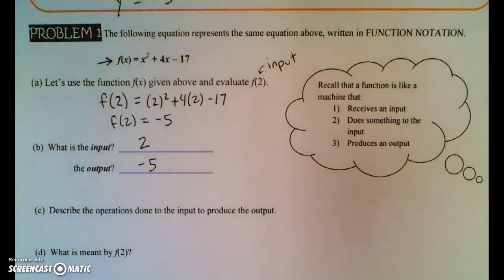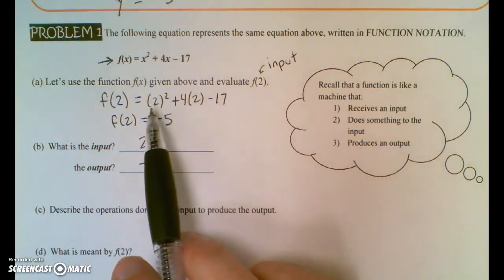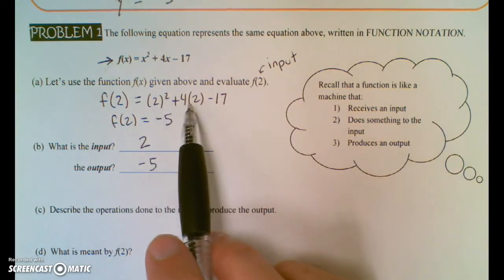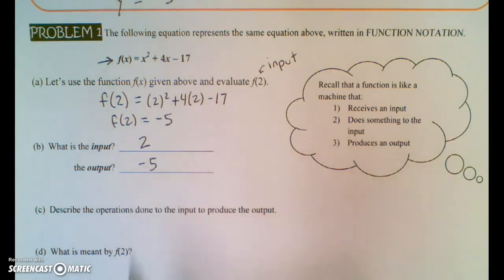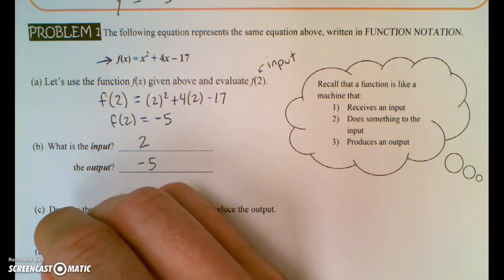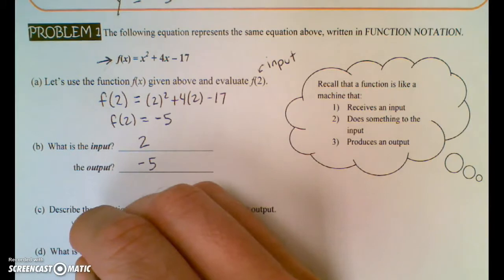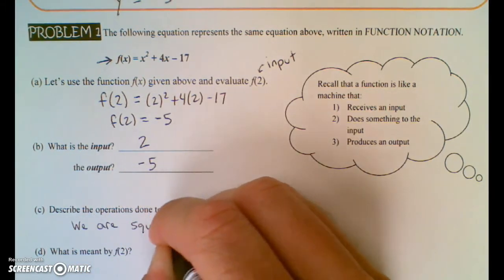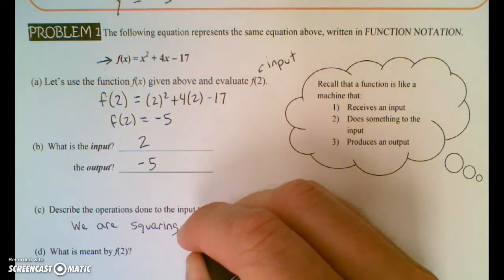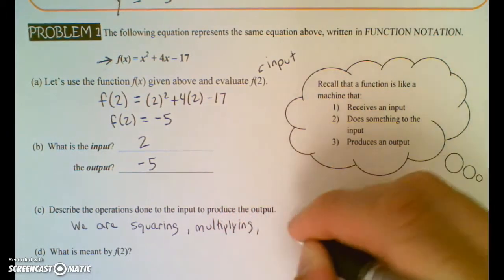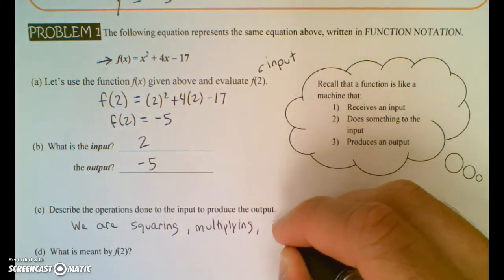The second question, letter C, or the third question I should say, asks, describe the operations done to the input to produce the output. So what's happening to 2 as we plug it into this function? Well, here it's being squared, then multiplied, and then we're adding and subtracting. So we have a couple operations. We are squaring and multiplying and then adding and subtracting.